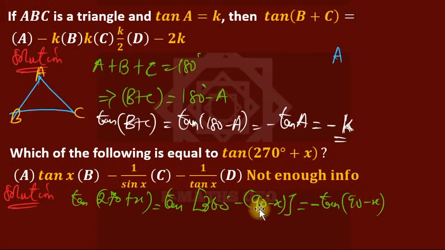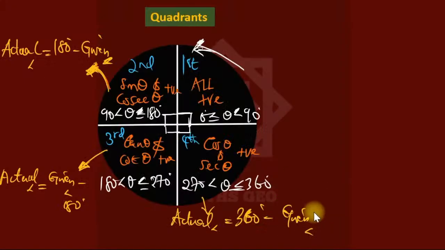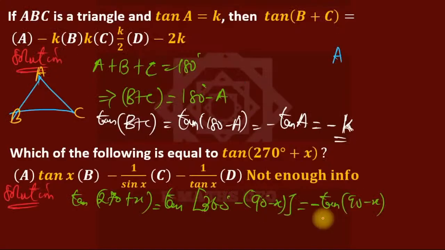So the given angle, not the actual angle, since it's 360 minus, is now 90 minus x. So minus, because tan is negative there. What do you observe? You can still continue.